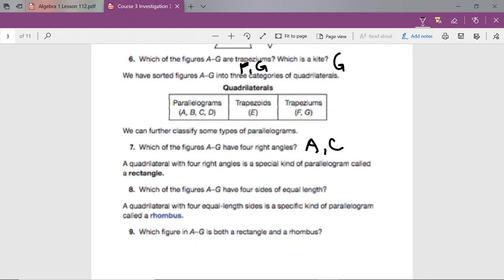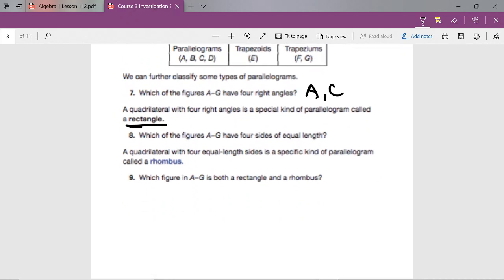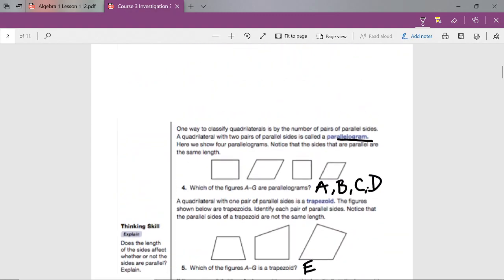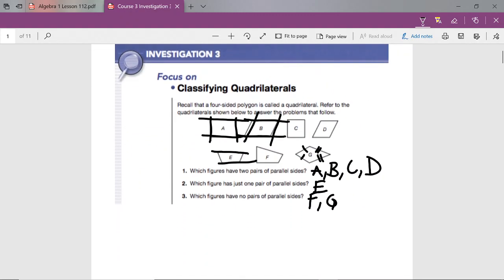So what we call this is, of course, a rectangle, the name that we've been using for many years now, hopefully. And so then we can continue to classify which of the figures have 4 sides with equal length. Well, we can make some assumptions here, so I'll erase some of these lines so you can see them better. But in A through D, which ones have the same length of sides?